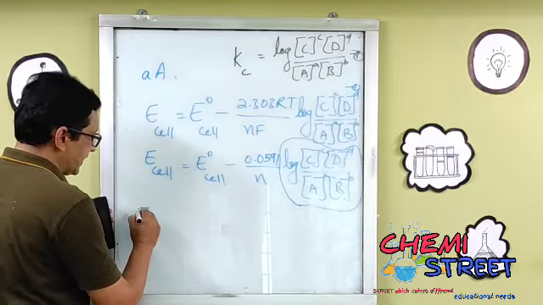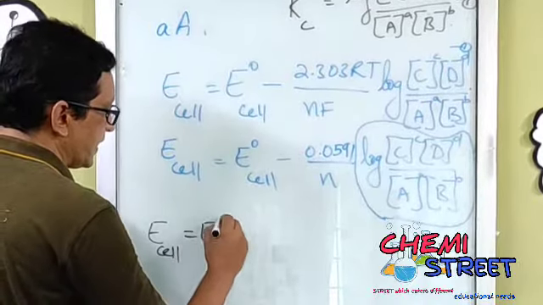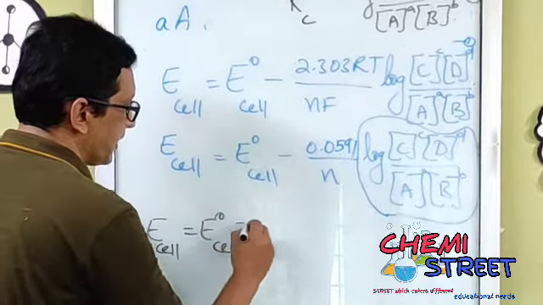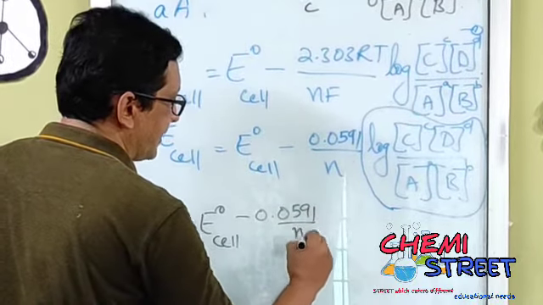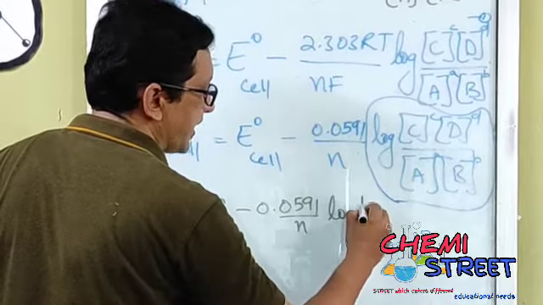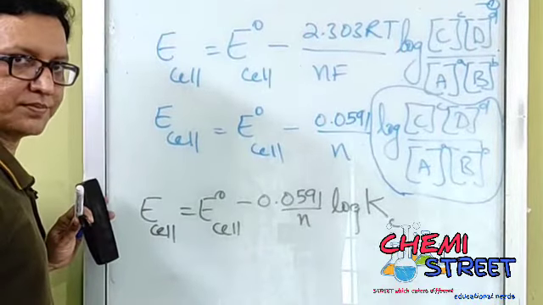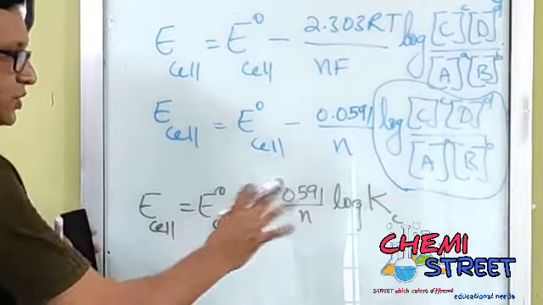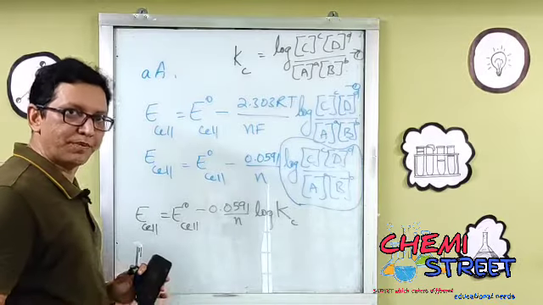Listen, E cell is equal to E0 cell minus 0.0591 by n log Kc, the whole thing changes and you get Kc, the equilibrium constant. And one more thing you have to remember, that we are considering an equilibrium reaction.